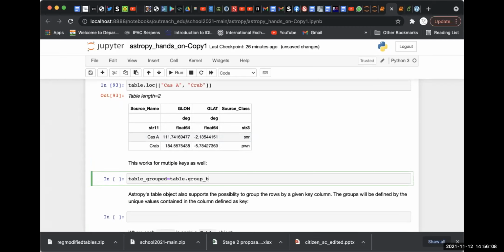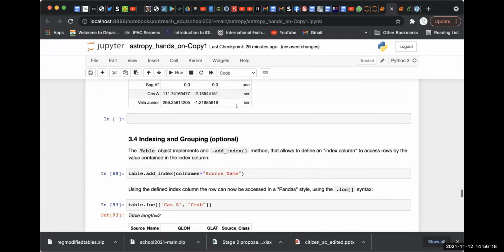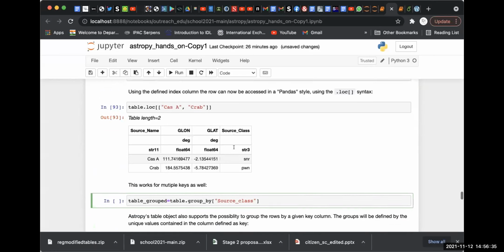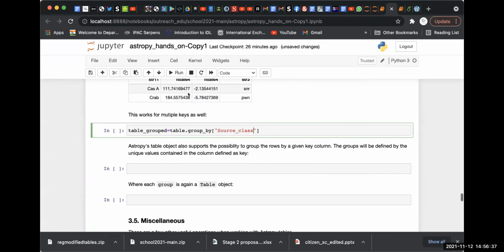If you remember, we had defined something called source class. I'll just show you the source class. Over here, this was our source class, which tells you what kind of a source it is. This can be anything. For example, when we took that tips example, it could be gender, so you group them as per gender, male, female, etc. Or whatever other factor you want to use. So I'm now saying group my data based on source class.